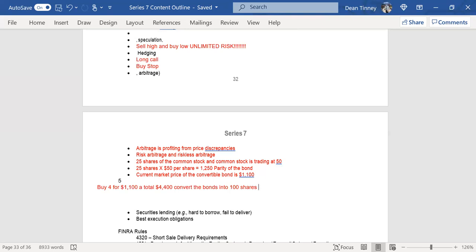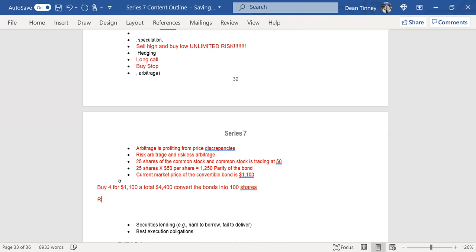So instead of doing risk arbitrage, I might want to do riskless arbitrage. And the way I do riskless arbitrage and lock in that price is by going long the bonds and short the stock at the same time. So this is an example where I'm not actually selling short the stock to profit from a declining stock price.